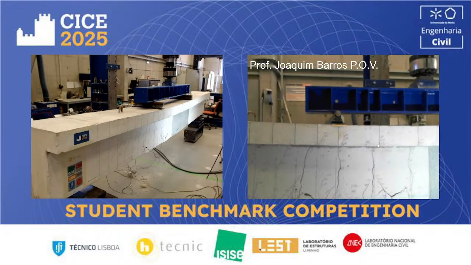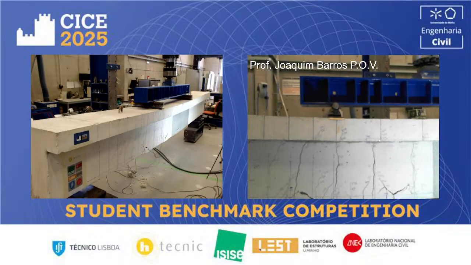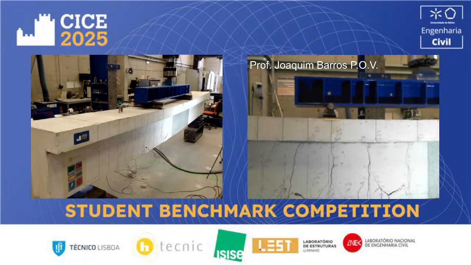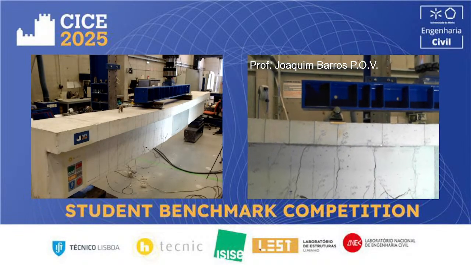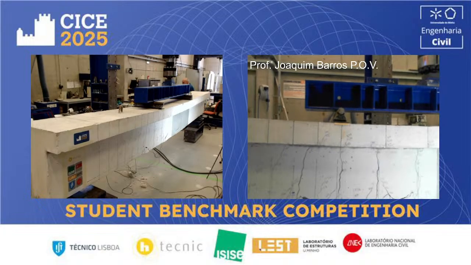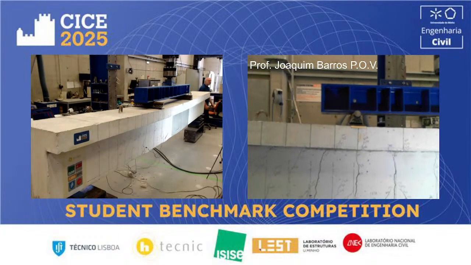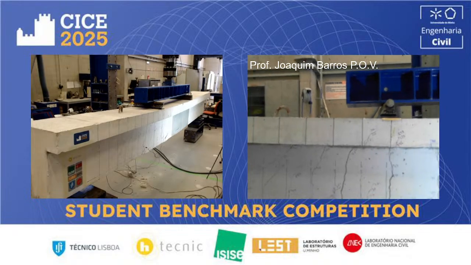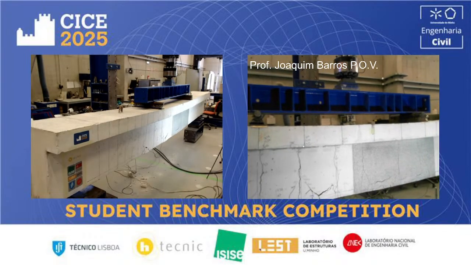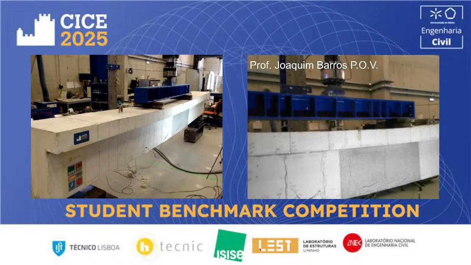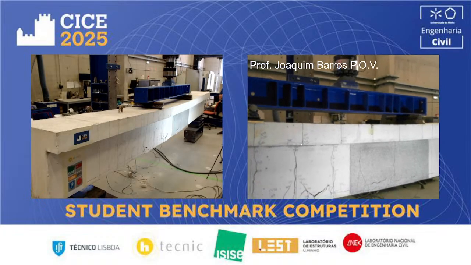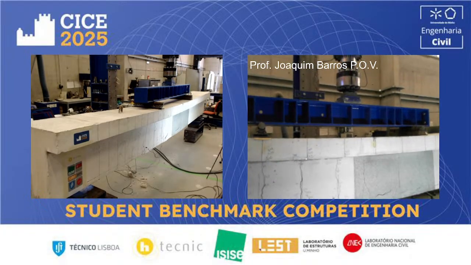So we have several moments of loss of load carrying capacity, which means that the laminates have ruptured in several cross sections. We still continue. So what is the load now? 217.